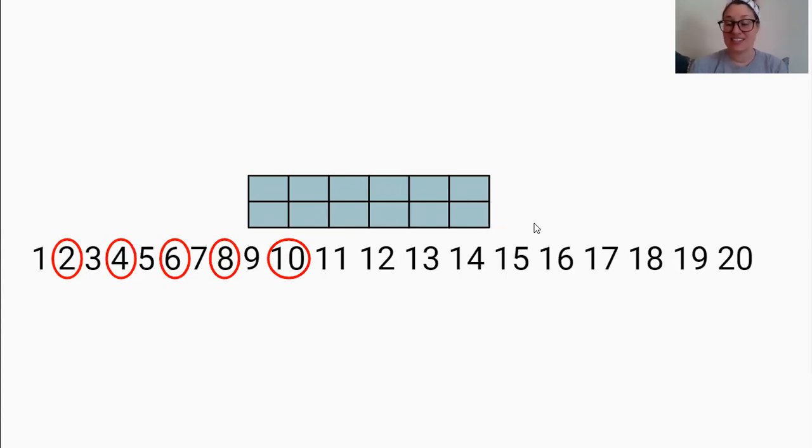That's right, there are 6. So we have 6 2 times. What is that repeated addition going to look like? Give me a thumbs up if you got that right. Good job. Each square tile has a partner or a pair, and we've got our doubles addition for the repeated addition equation. So we say that 12 is an even number.